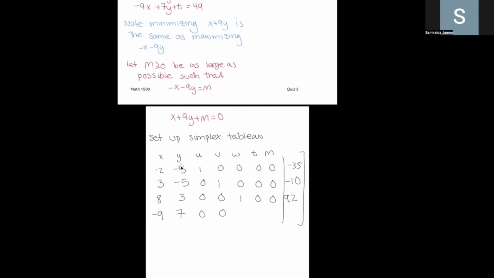Seven, 0, 0, 0, 1, 0, 49. And finally, I have 1, 9, 0, 0, 0, 1 and 0.